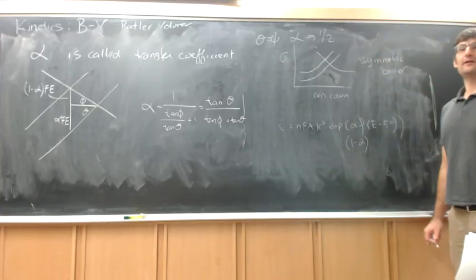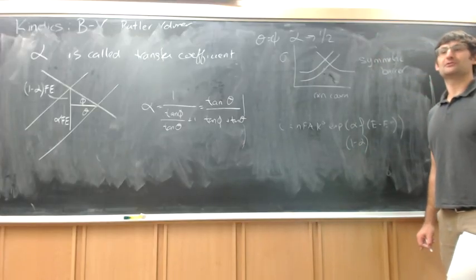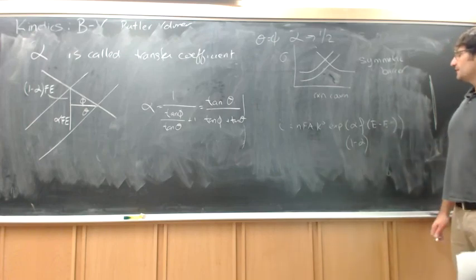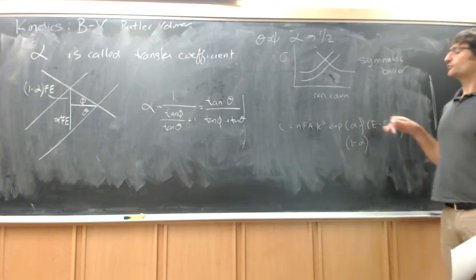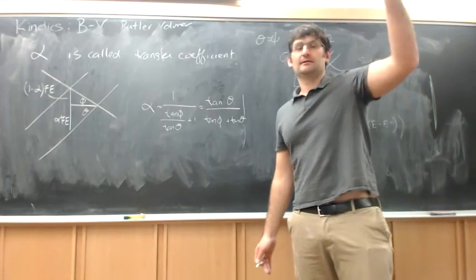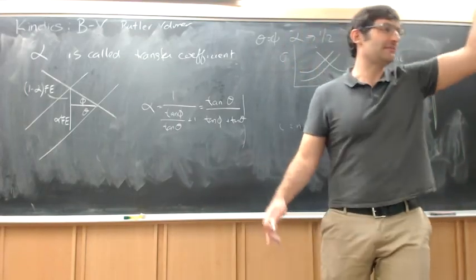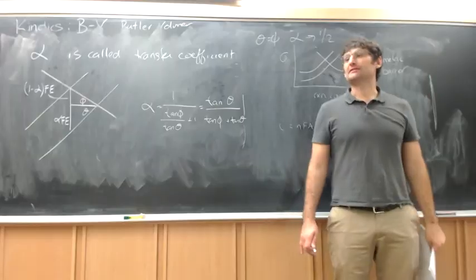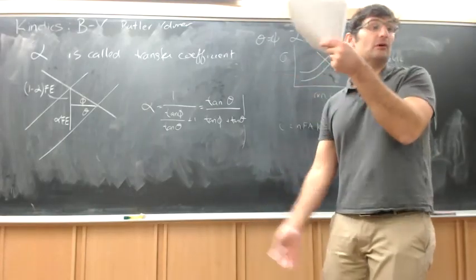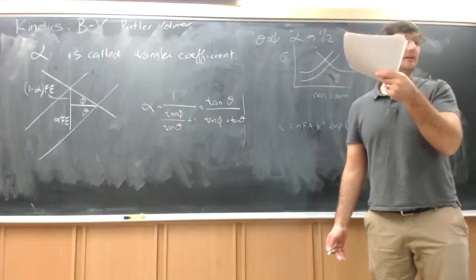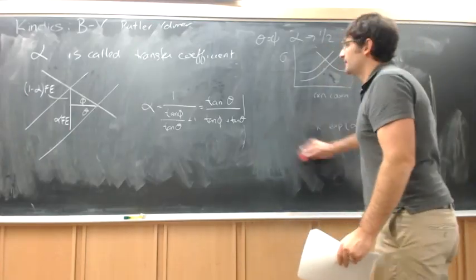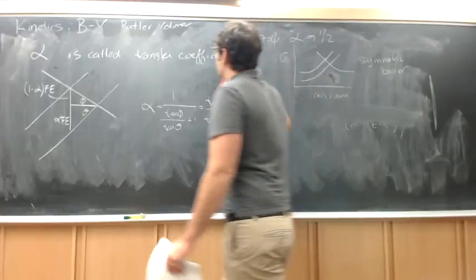Alpha and 1 minus alpha are the same if alpha is equal to 0.5. So it's basically saying if alpha is 0.5, if I apply potential, the forward rate constant is going to decrease by the same amount on a log scale that the reverse one is going to increase. The barrier is going to change in the same way for both of them, but in opposite directions. So it's symmetric. But you don't have to have a symmetric crossing. We can have an asymmetric crossing.